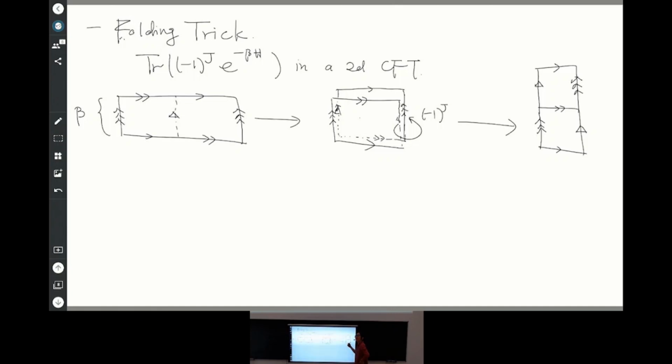Why is this helpful? The nice thing about going to this new geometry is that I don't have to perform this large rotation anymore.